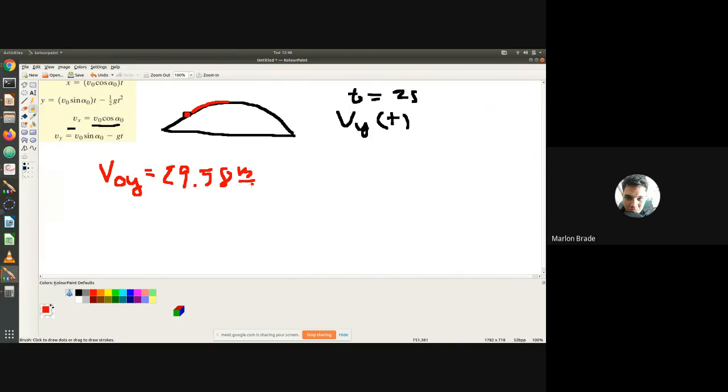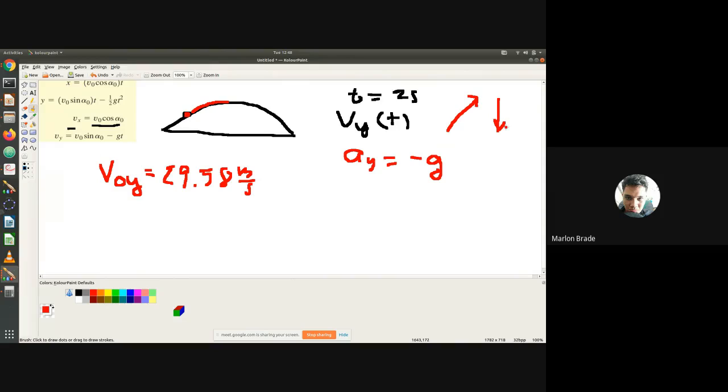Remember that your ay is equal to negative g. The ball goes upward, but your g is downward.